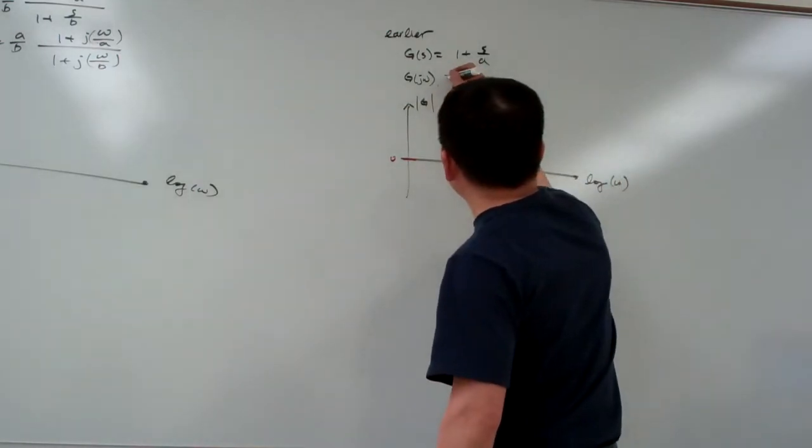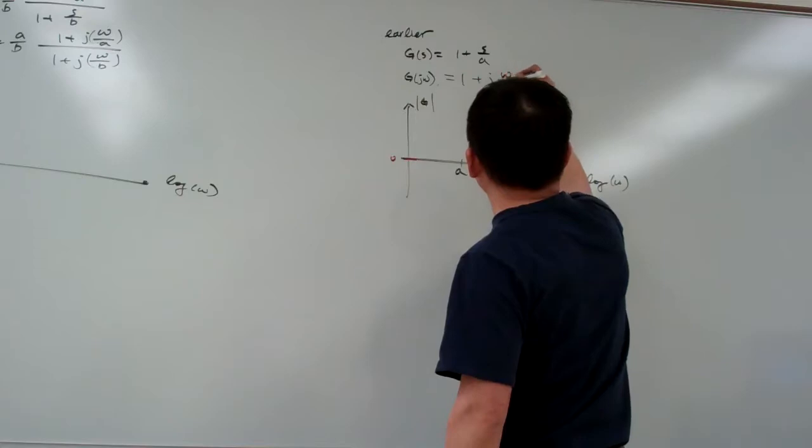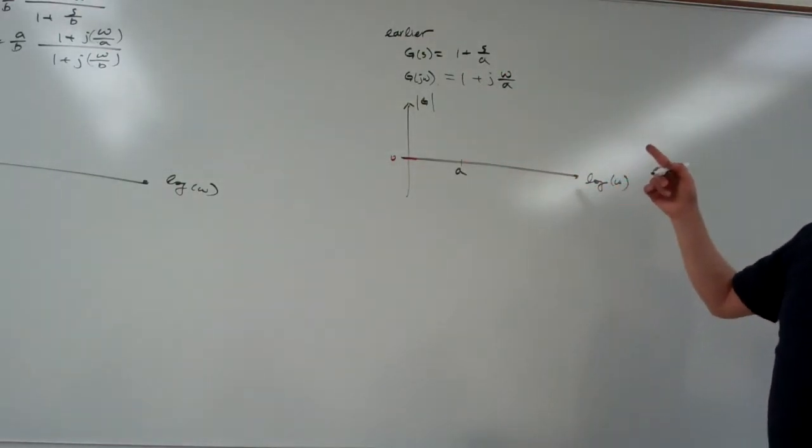okay, let me write it down here: 1 plus j omega over A. Again, we have done this before.